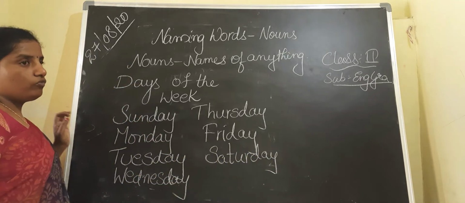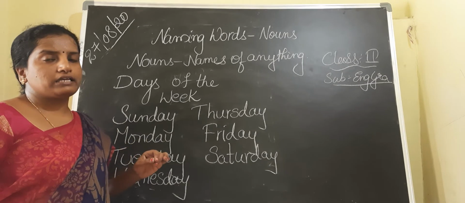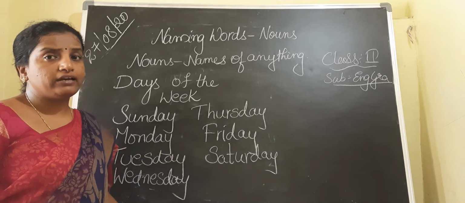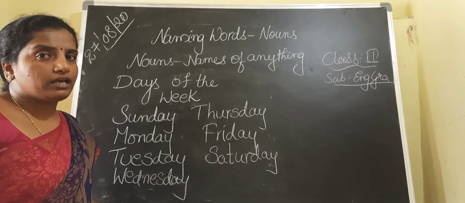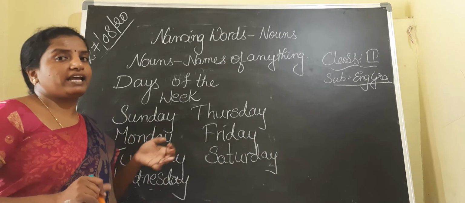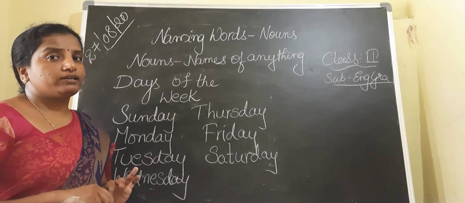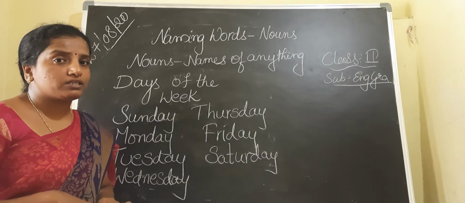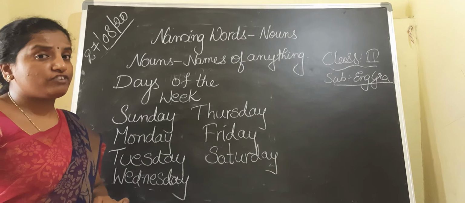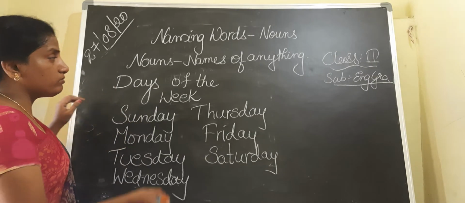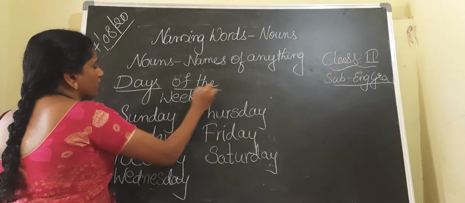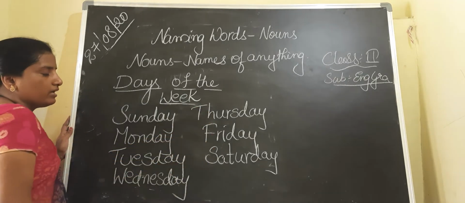See, children, what we have learned: the naming words. All the names are known as naming words. They may be the names of animals. In our last class, we learned about the names of animals, birds, fruits, and vegetables. And the names of the days of the week are also known as naming words.